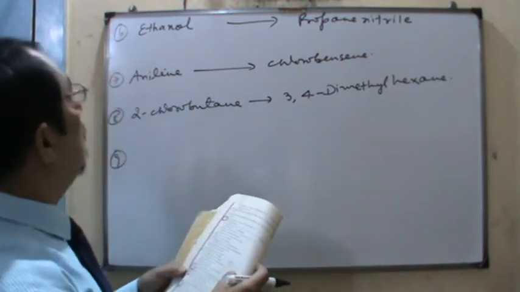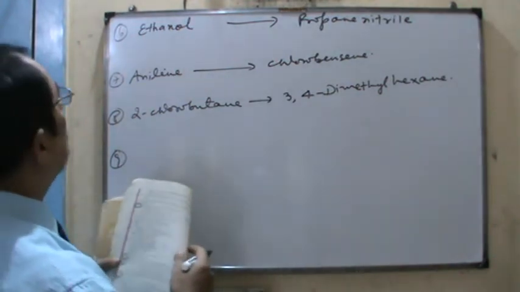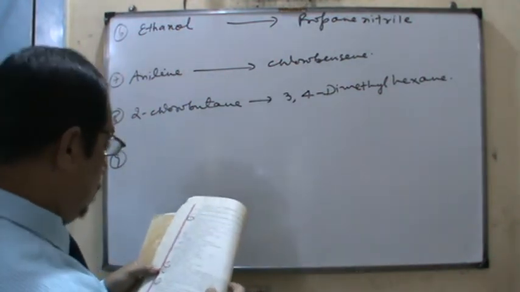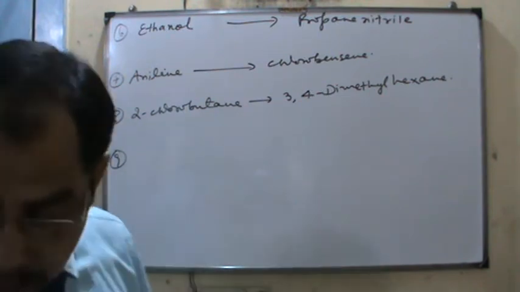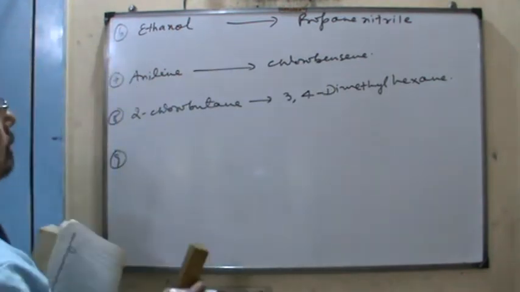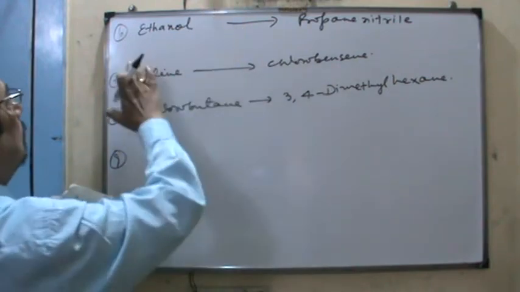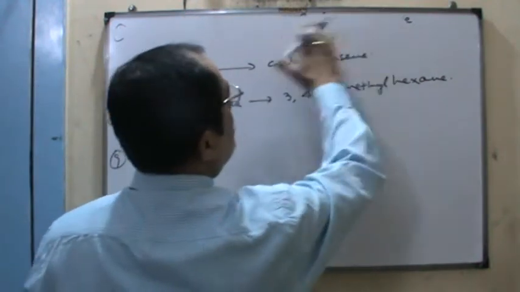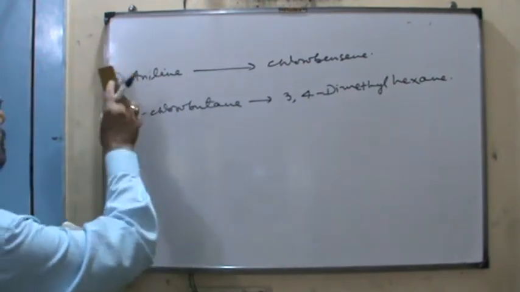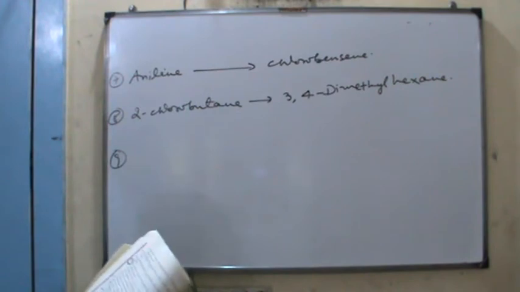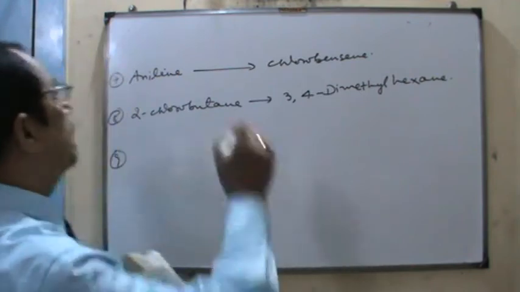Sixth is benzyl alcohol to 2-phenyl ethanoic acid. See here, first of all you write it: the sixth question is benzyl alcohol to 2-phenyl ethanoic acid.